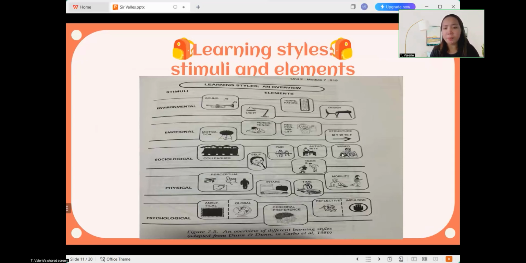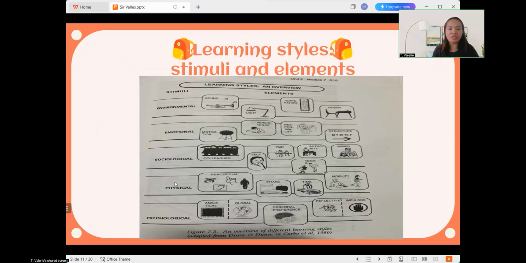That depends on the students, because again, we have diverse students. And it is our duty as teachers to cater to the needs of the students. So we modify our instruction to fit the needs and the learning styles of students.